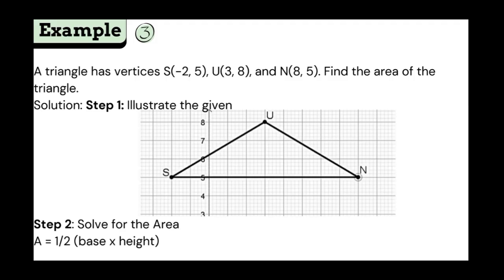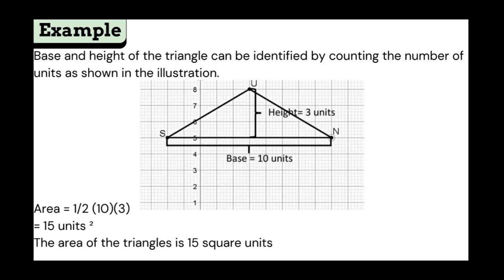We will now solve the area of the triangle. The area of the triangle is 1/2 base times height. The base and height of a triangle can be identified by counting the number of units as shown in the illustration. As you can see here in the illustration, the base has 10 units, the height has 3 units.